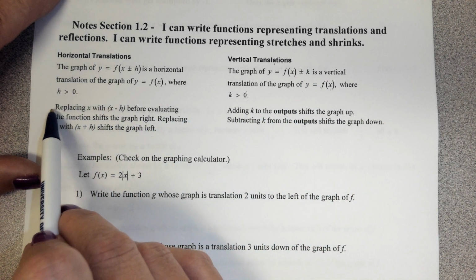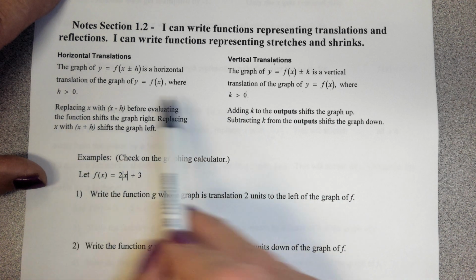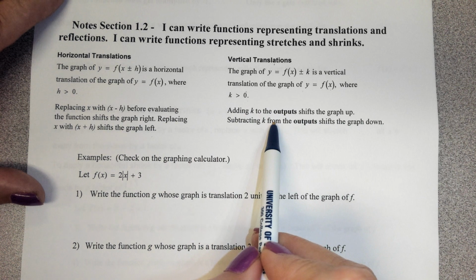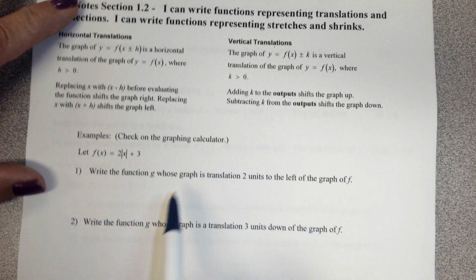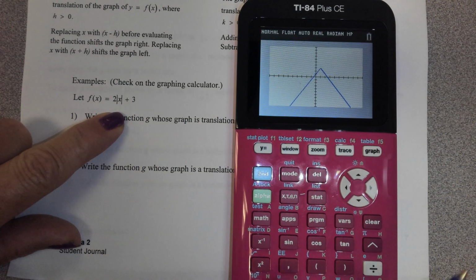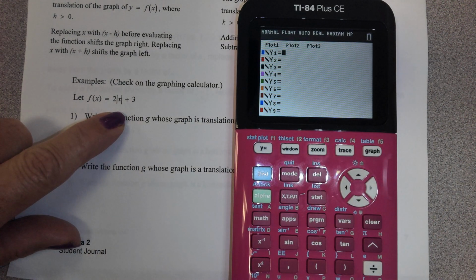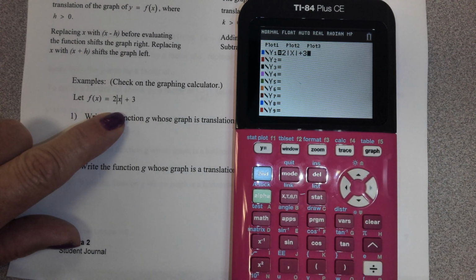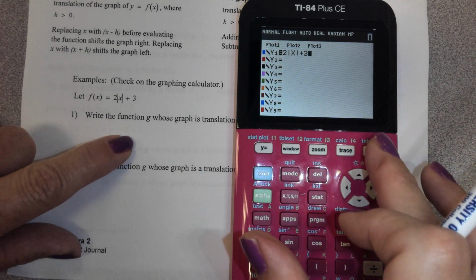In this case, you're only replacing the x. In this case, you're going to add k or subtract k from the entire function. Let's look at examples. Here's the original function we're starting with. I'm going to go to y equals 2 math num absolute value x, get out of there, plus 3. That's my original function. I'll look at that.